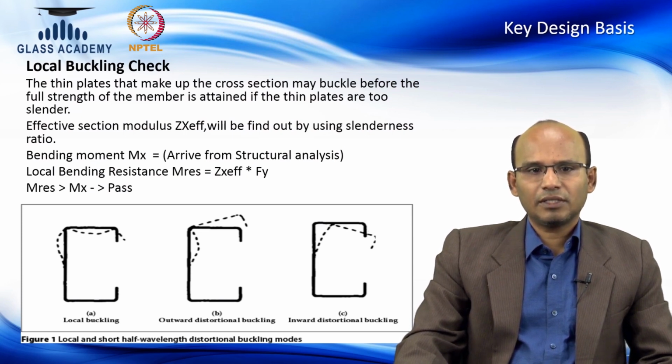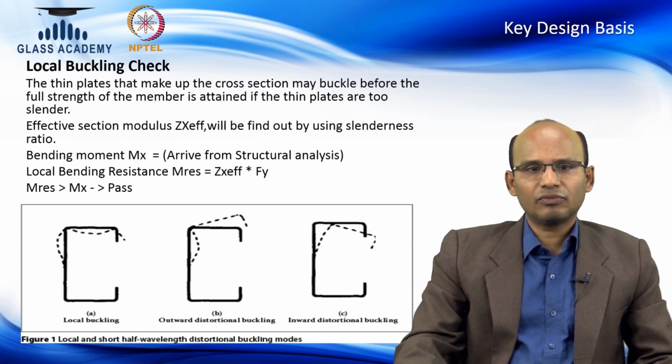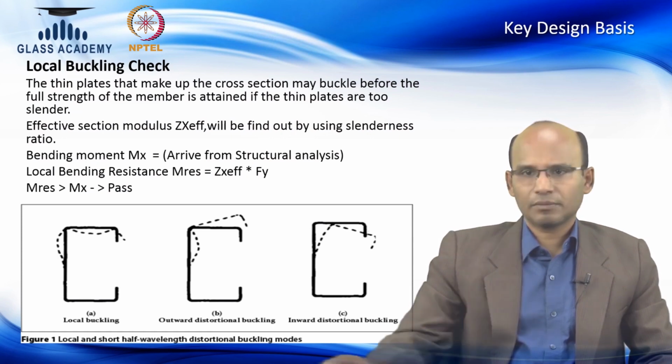It could fail in local buckling, or in overall buckling, or in a combination of local and overall buckling. So there are detailed checks with various standards available to do the buckling check. The buckling check is critical on most facade systems.